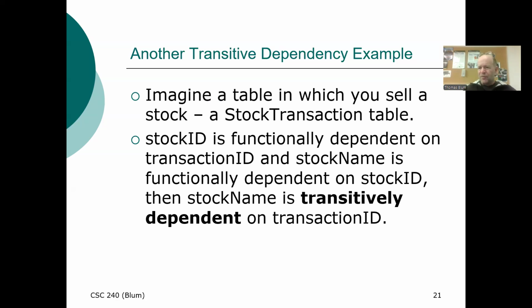If I know the transaction ID, I can look up the stock ID, what stock was being traded. And then from the stock ID, I can look up the more spelled-out name. So the transaction ID is determinant of the stock ID, and the stock ID is determinant of the stock name. So this is a transitive dependence. The transaction ID will be determinant of the stock name.